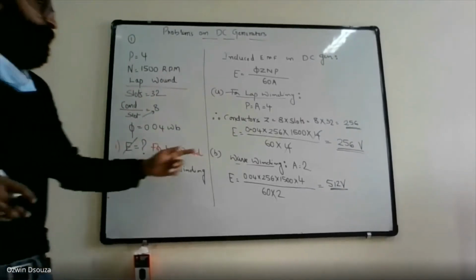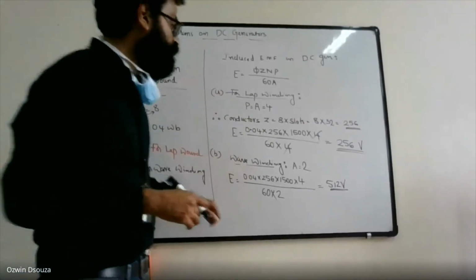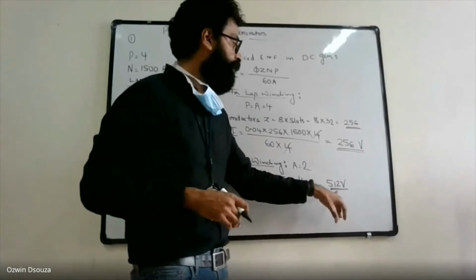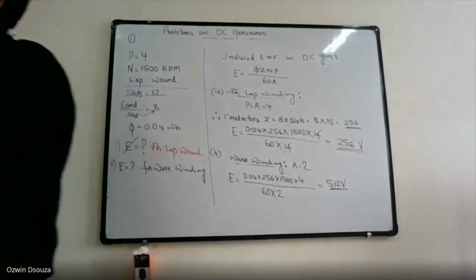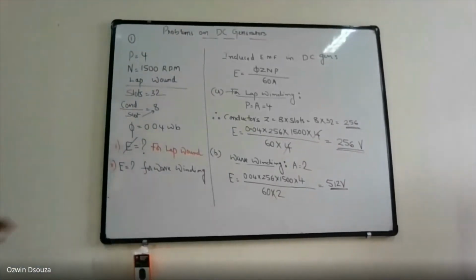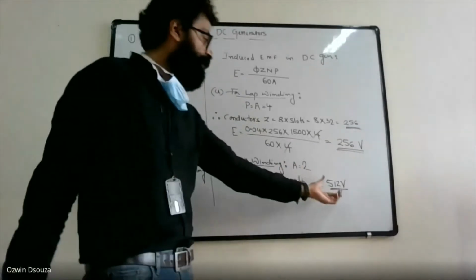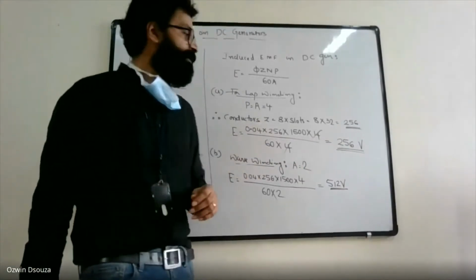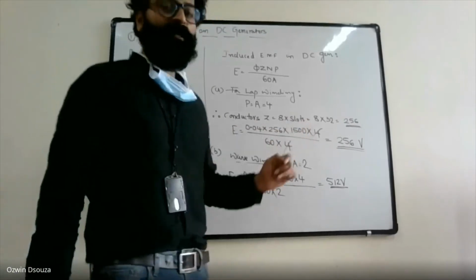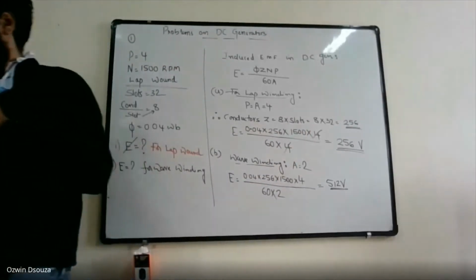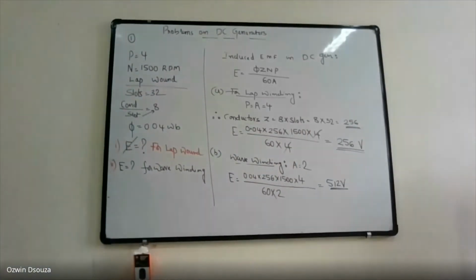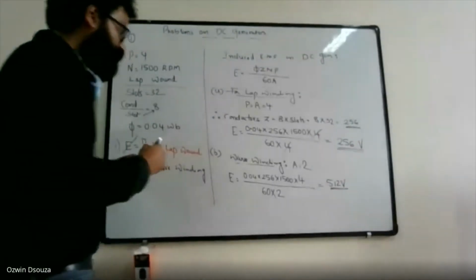On the other hand, in wave winding, the voltage is almost twice the value of the lap winding. So wave winding is ideal for high voltage, low current applications, and lap winding is ideal for low voltage, high current applications. All right. So that's your first problem.